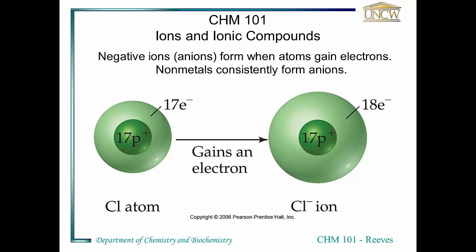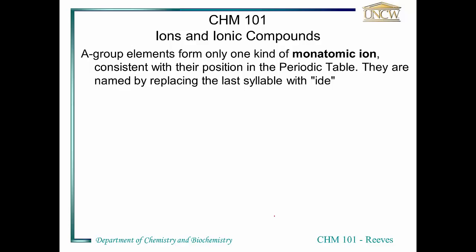So chlorine has 17 electrons and 17 protons, but by gaining an additional electron, chlorine now becomes the chloride ion, I-D-E, we'll talk about that in a second, and it increases in size substantially. So, for the A group elements, again, we only have one kind of monatomic ion that can form. Again, monatomic, single atom ion.